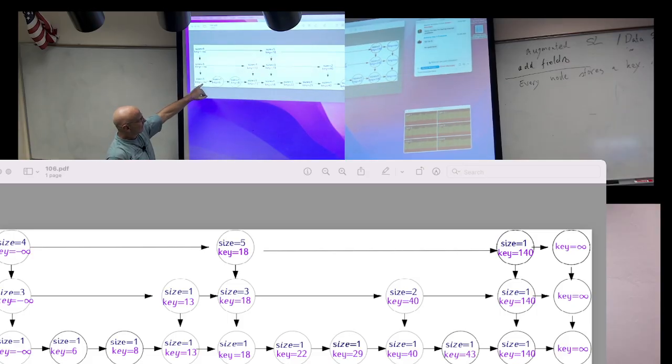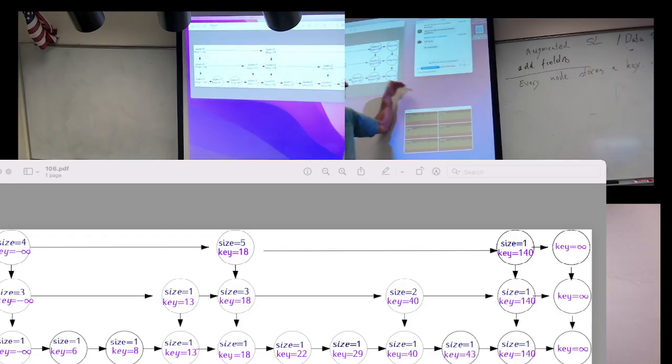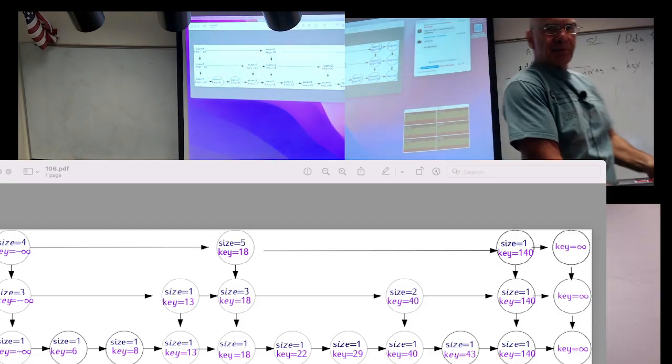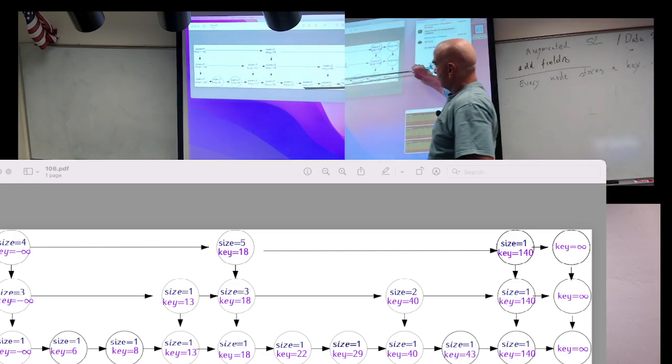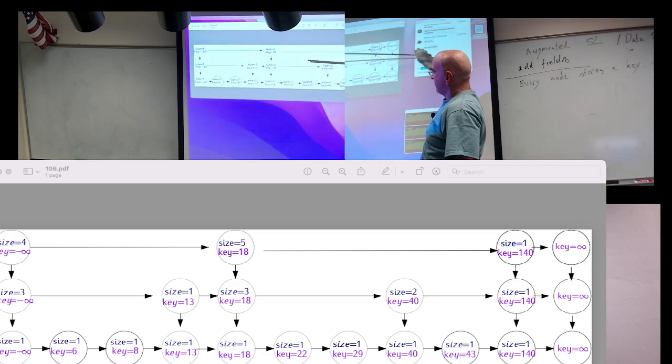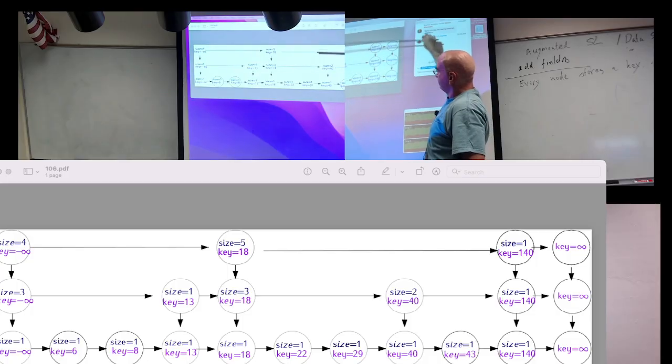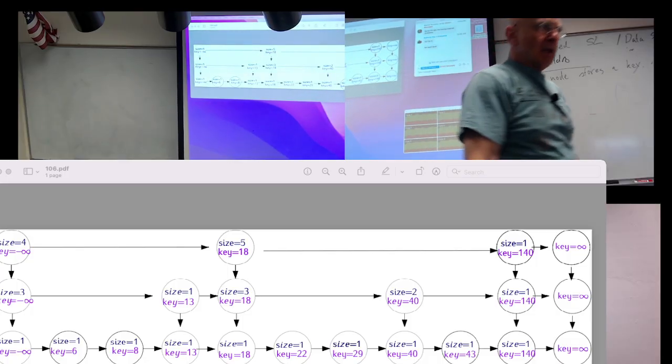The leftmost one is key minus infinity, next one 6, 8, 13. You see here is another element with key 13 pointing to each other, as they should. Key 18, and so on. So the keys are arranged in the skip list normally, and every level is a sorted linked list, as usual.